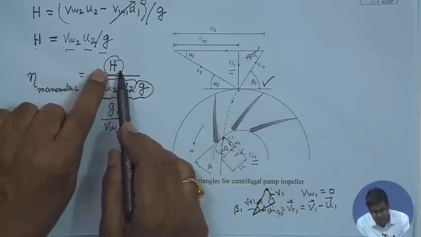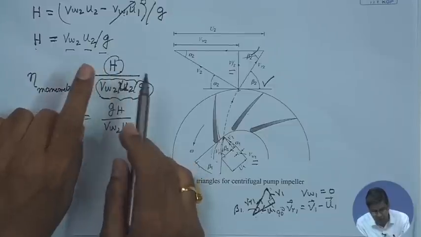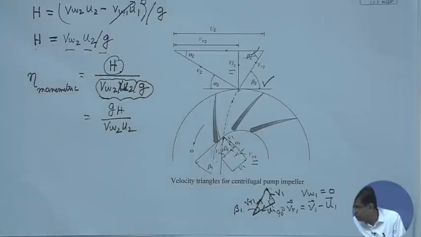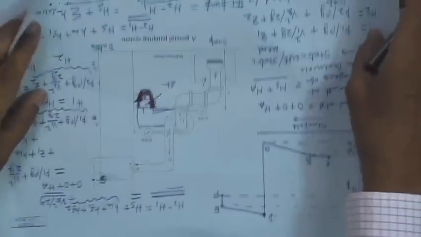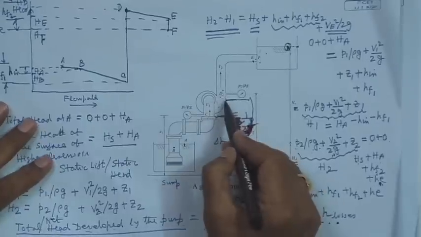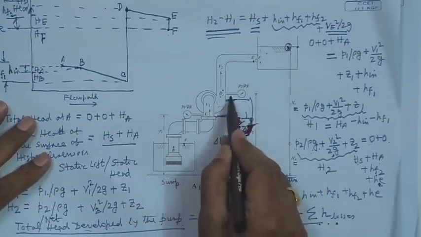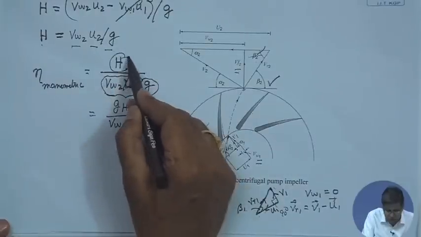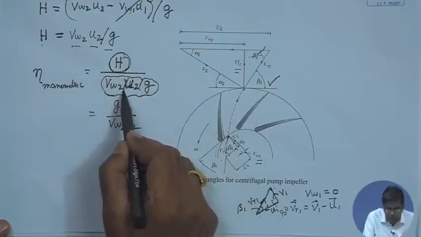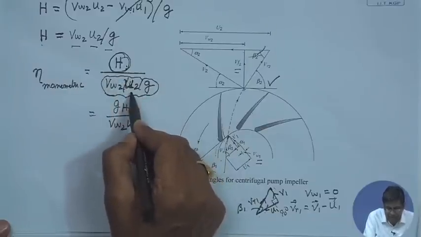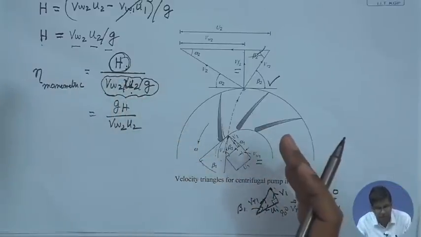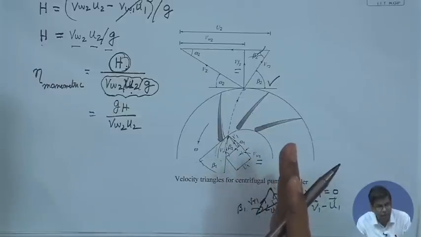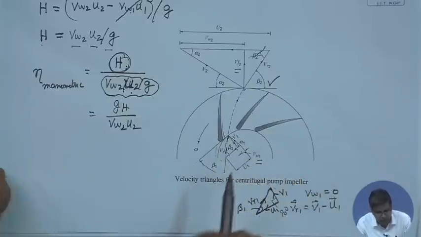This is the net head developed by the fluid, which we find by subtracting the total head at the outlet and inlet. So, the fluid develops this net head, which is different from that, and in fact this is less than this. Why? This is because of the viscous dissipation in the impeller of the pump and also in the diffuser.